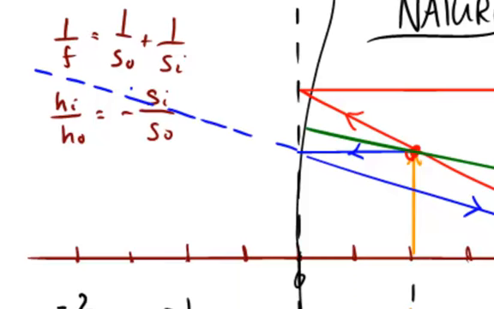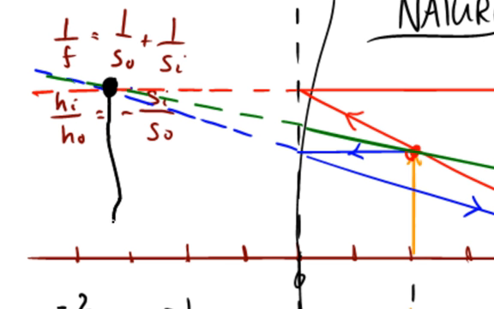I'm using dotted lines to trace these rays backwards on themselves. That indicates that the image is a virtual image. I'm having to extend those rays backwards with my eye when I look at them. There's the second ray, and now I need to do the third ray. And now I see that these 3 rays have intersected at that point right there.